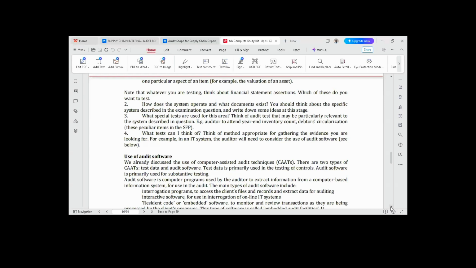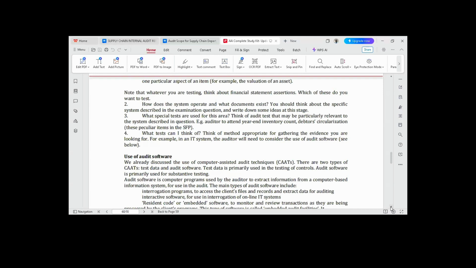to obtain audit evidence from the client system. To obtain what? Audit evidence from what? From the client system.